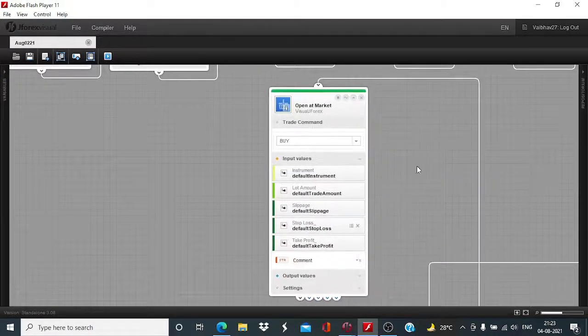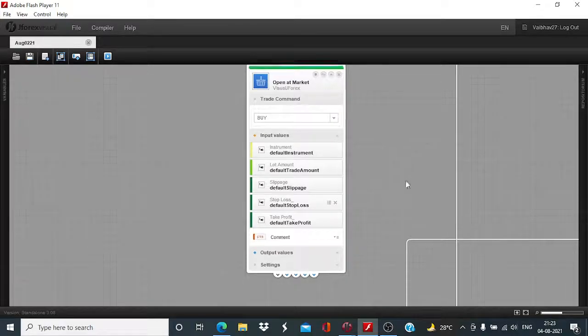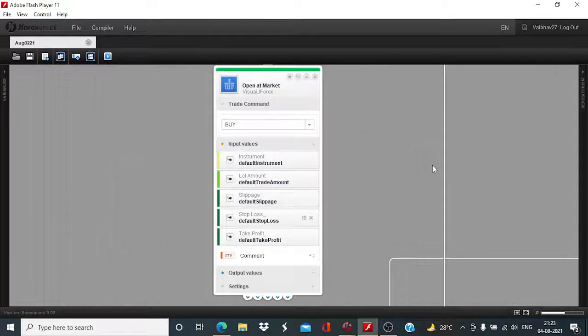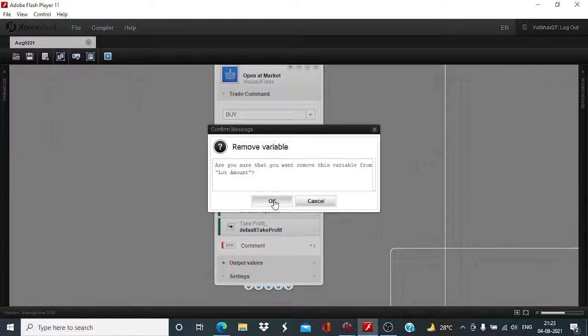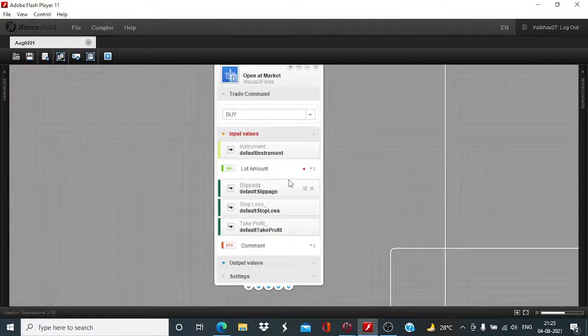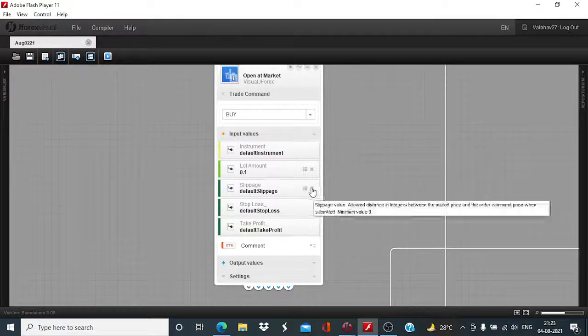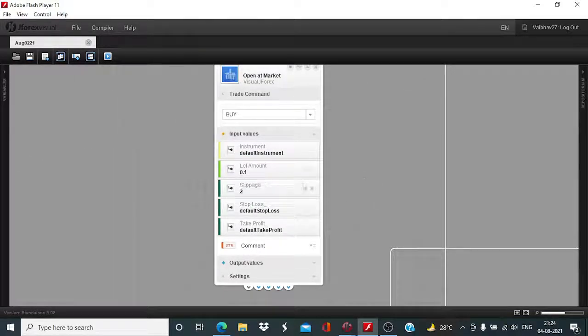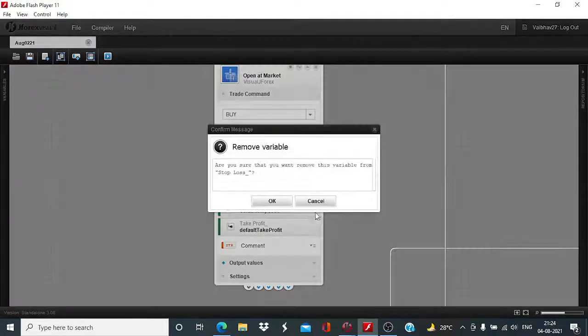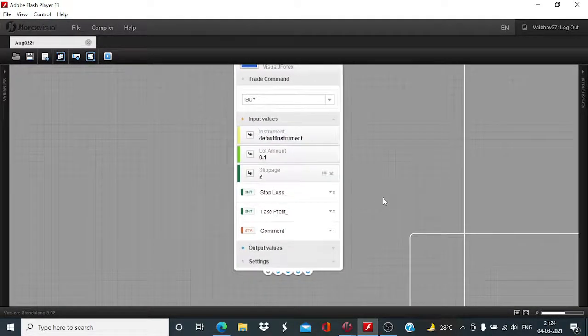Okay. Now coming to the parameters of open at market. The trade amount is going to be 0.1 million. The slippage will be 2 pips. Stop loss and take profit combination is going to be the same as buy side.